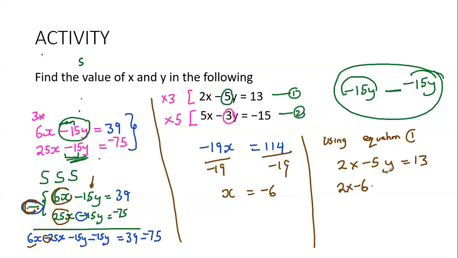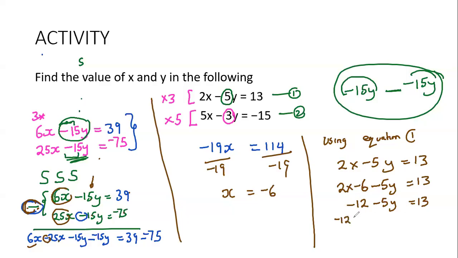Now, you get the first equation, then you substitute in. Where there is x, you put negative 6. Then minus 5y equals 13. So 2 times negative 6, you get negative 12 minus 5y equals 13. Now you collect like terms. This one being negative, since it has to cross, it becomes positive.